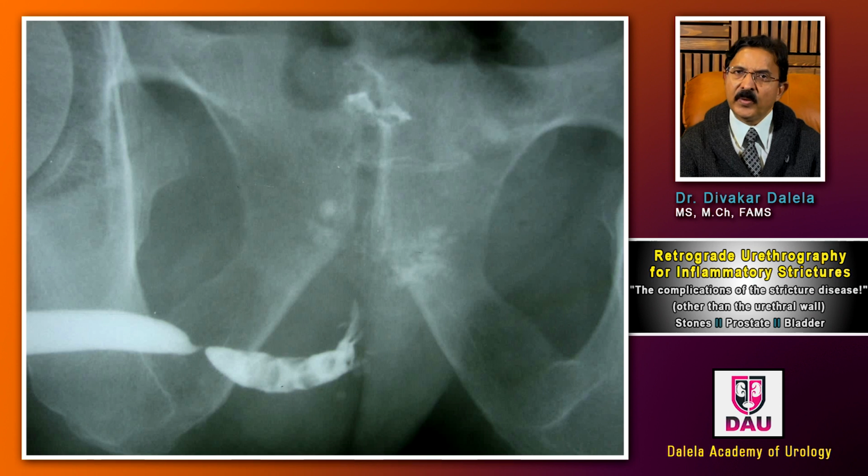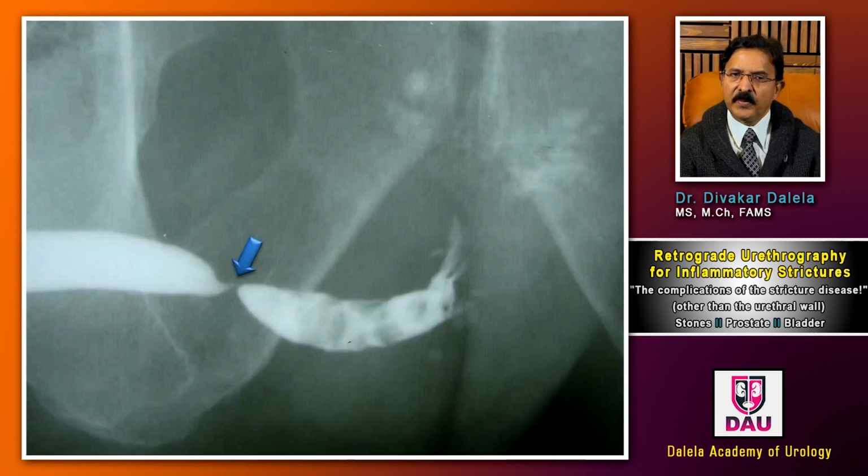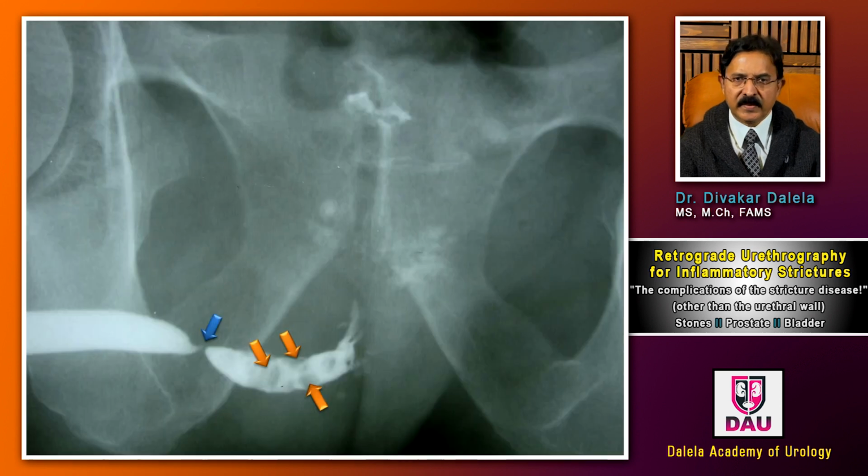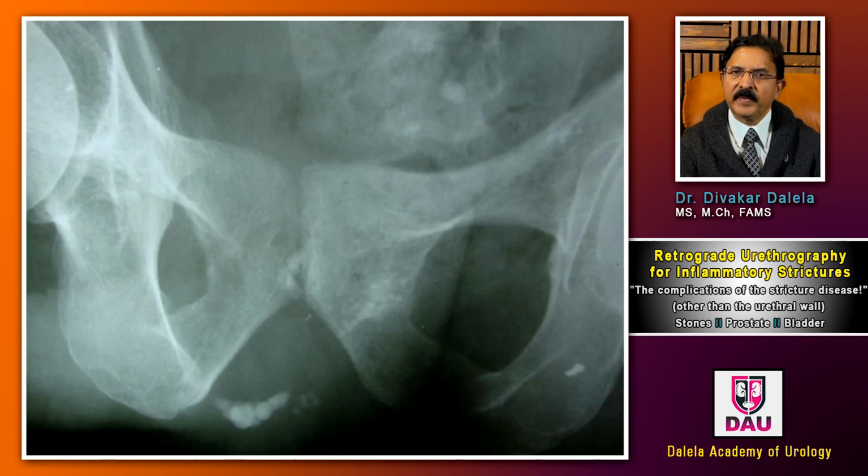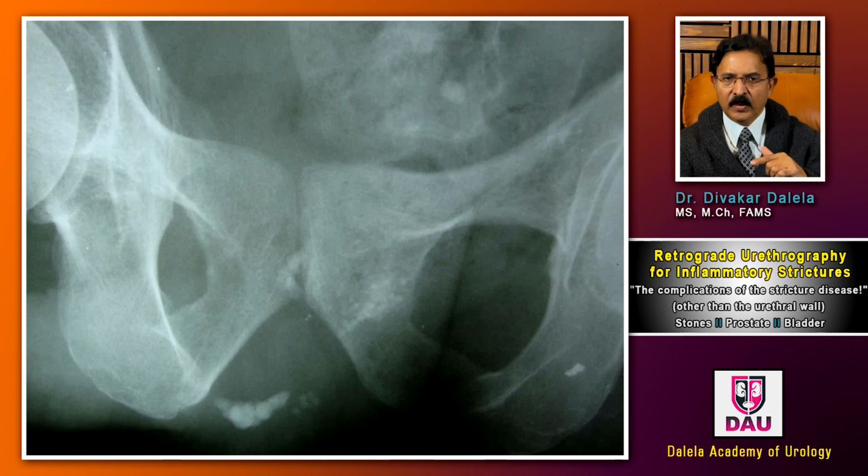In another retrograde urethrogram film, you'll notice that there is a stricture, which I would call a distal bulbar, short segment stricture, and you will notice many filling defects in the area of the bulbar urethra, black rounded ones. And you'll also see some contrast in the prostatic ducts. If I were to show you the plain film of this patient, you will appreciate that what was looking as a negative shadow in retrograde urethrogram, here it is looking like radiopaque shadows in the bulbar urethral lumen.